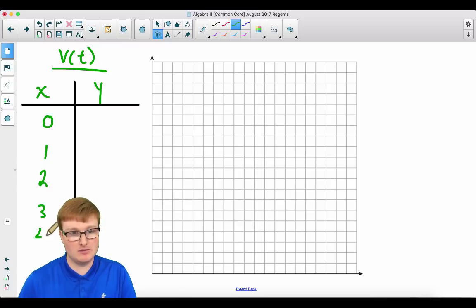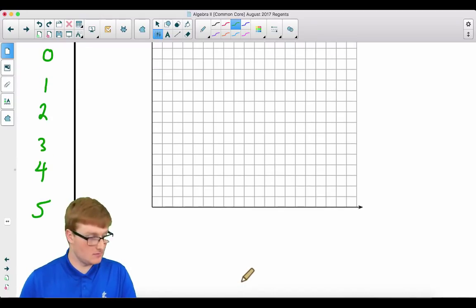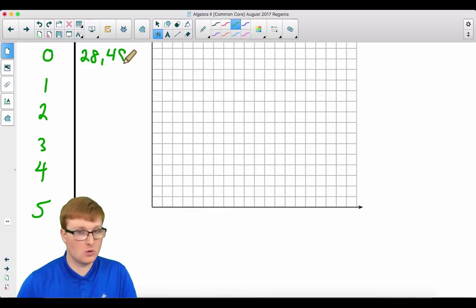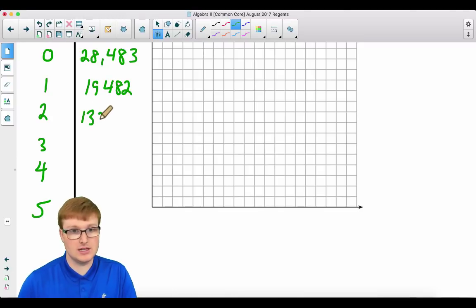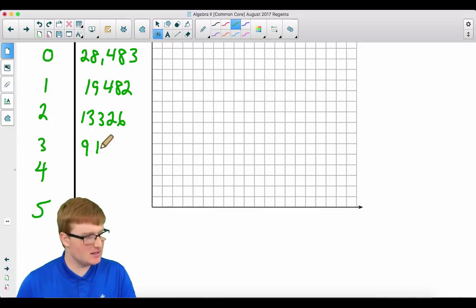I'll just extend the page. 28,483, 19,482, 13,326. It's nice to have an answer key when you're doing this stuff.